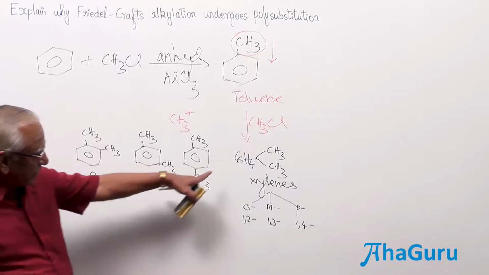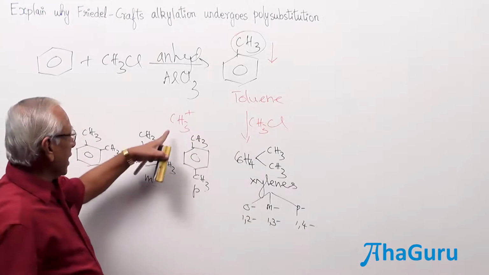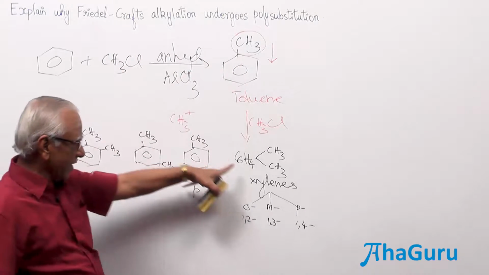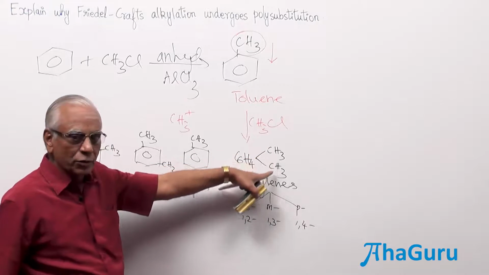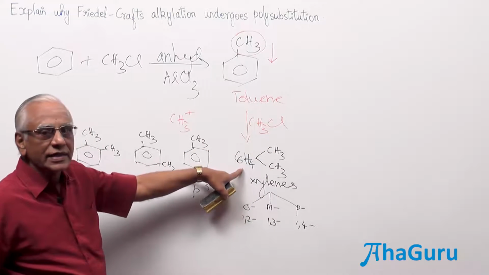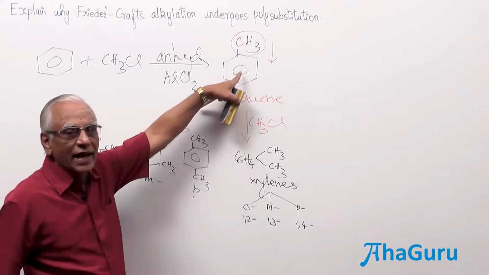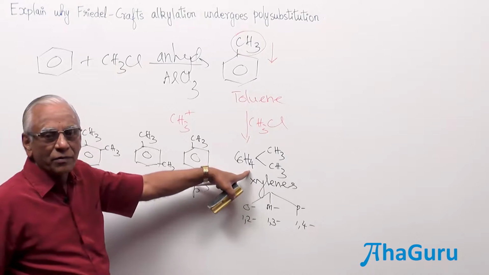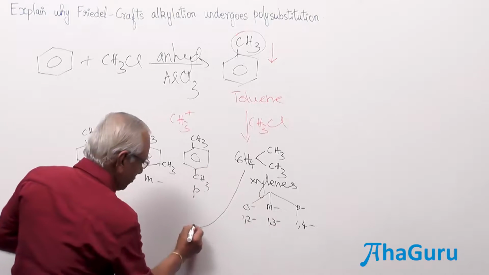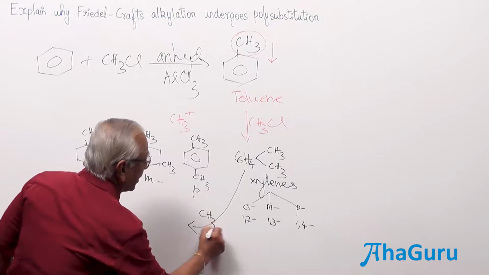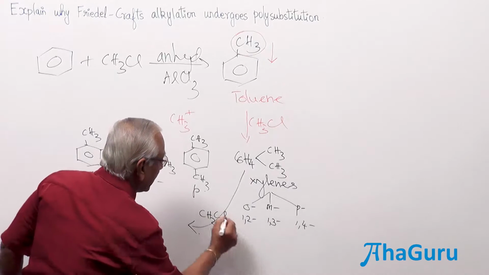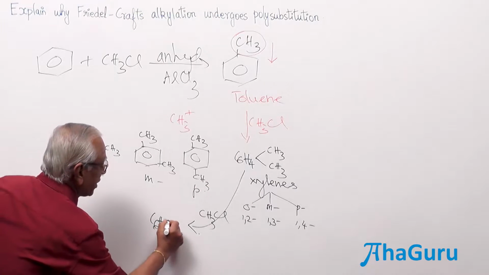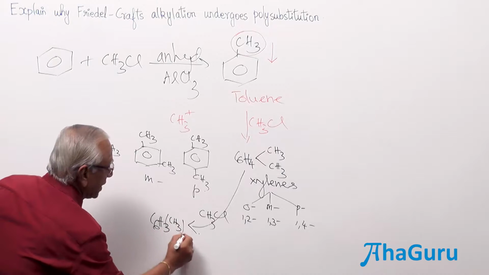Therefore, after some time, any incoming attacking electrophile will not go near toluene or benzene, because in xylene there are two activating groups, electron releasing groups. The electron density in xylene will be much greater than in toluene. So, any incoming electrophile will attack the xylene to form trimethyl benzene. Now, if this is attacked by methyl chloride in the presence of anhydrous aluminum chloride, I end up with C6H3(CH3)3.